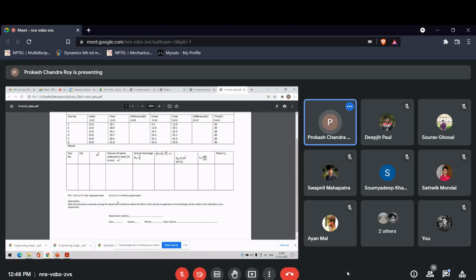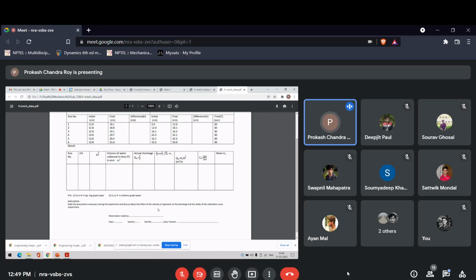So it means that in the discussion, there is a term called the discuss about the effect of velocity of approach on the discharge and the utility of the calibration curve.